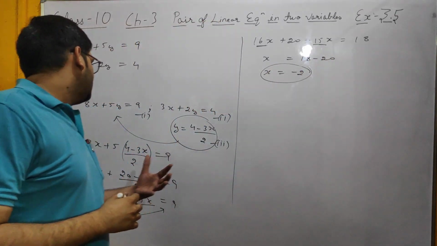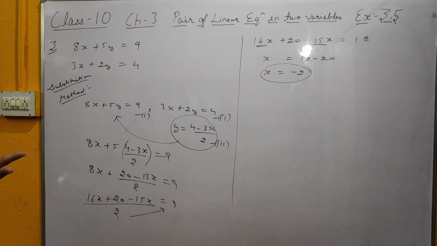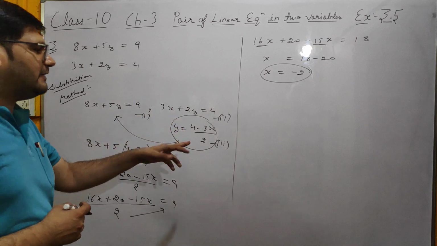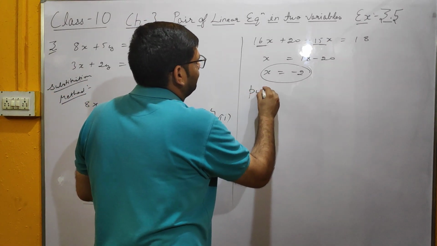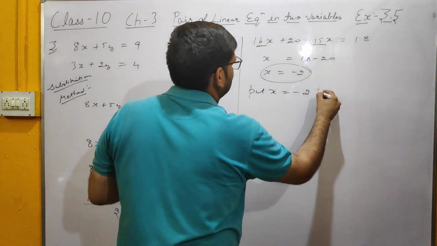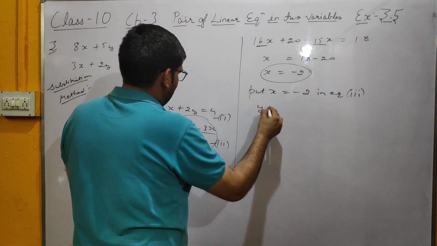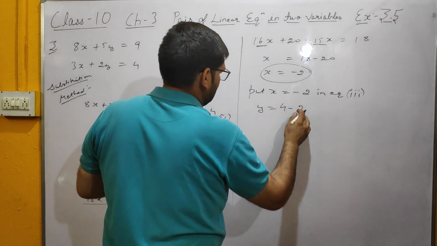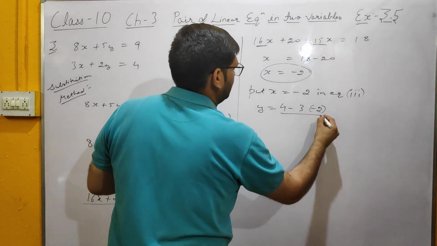Now by the method of substitution we found the value of x, and the value of x is minus 2. So we will put the value of x in the third equation and we can find out the value of y. So put x equals minus 2 in equation number 3. So y equals 4 minus 3, and x is minus 2, upon 2.